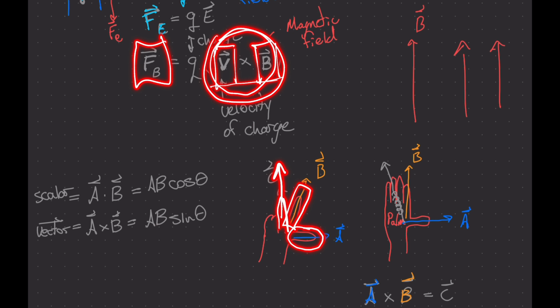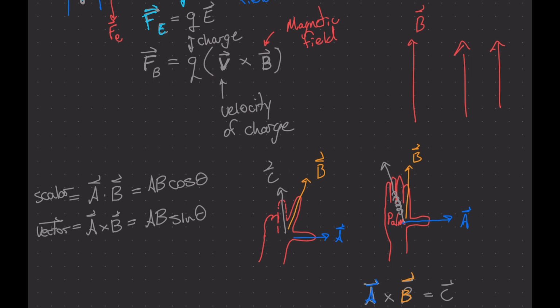So when these two things are multiplied together, thumb in the direction of V, pointer finger in the direction of B, and your middle finger, when it's jutting out like this, notice it's perpendicular to both of these vectors. So the cross product gives you a vector perpendicular to both of these. So if this is A and this is B, maybe these are perpendicular, then C would be coming out perpendicular to both of these guys in the third dimension.